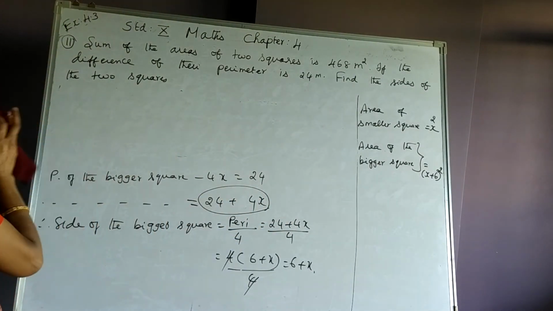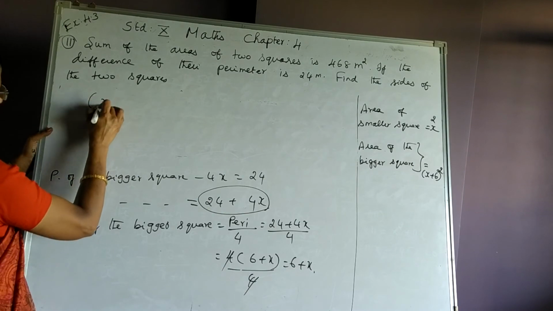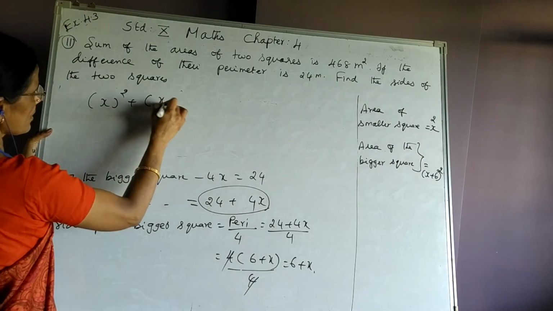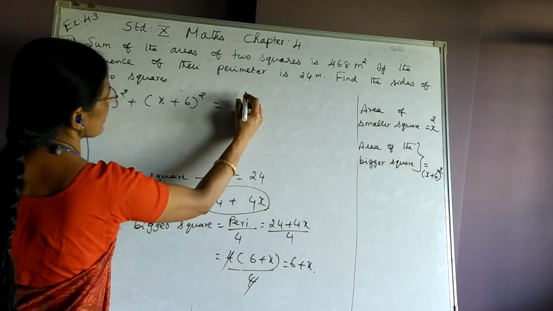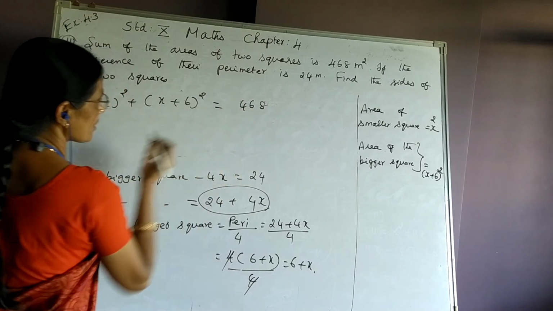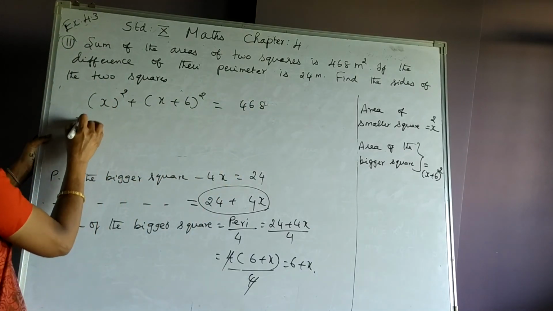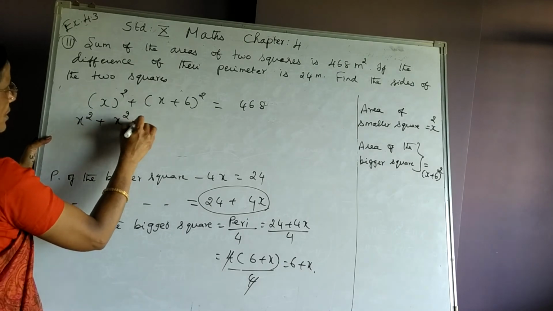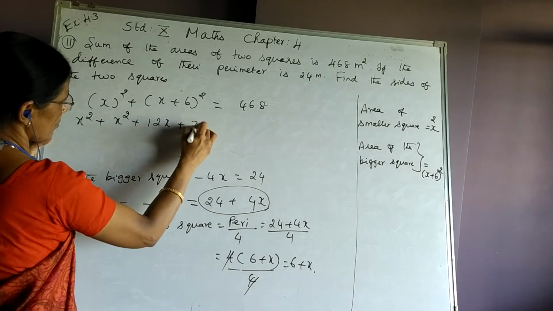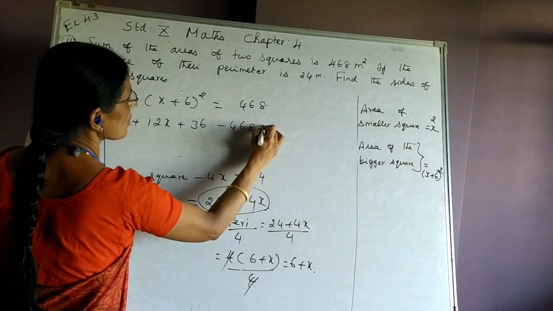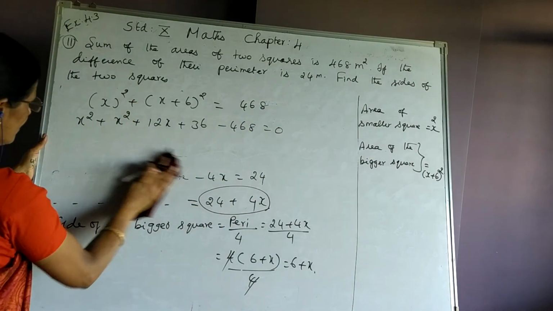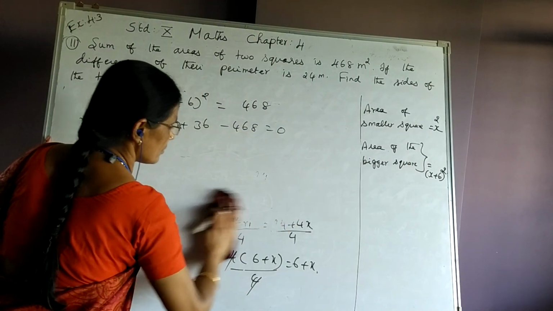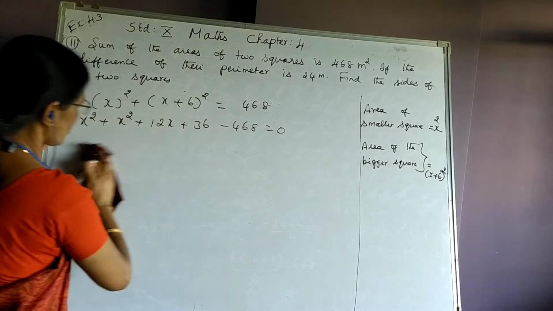What do we mean by the sum of the areas? The area of the smaller square plus the area of the bigger square is equal to 468. Opening the bracket, we get x square plus 12x plus 36 minus 468 equal to 0, using the a plus b whole square identity here.